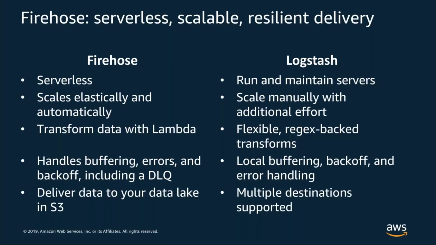And then finally, Firehose does allow you to deliver your data to S3 in parallel with delivering it to Elasticsearch Service. And we'll see in a second, that can be a very valuable addition because having your data in S3 allows you to maintain the long tail of all of the data that you're collecting at a lower cost point.